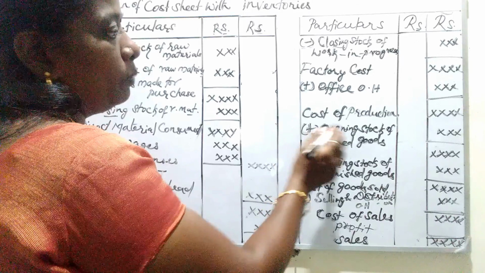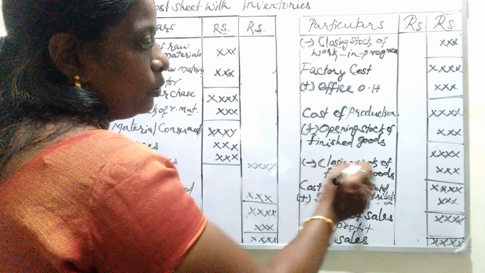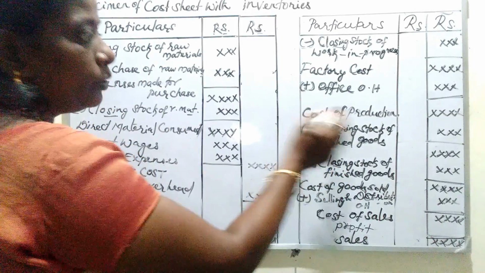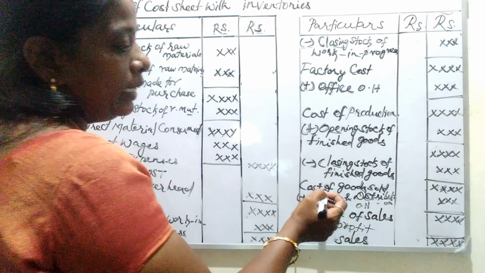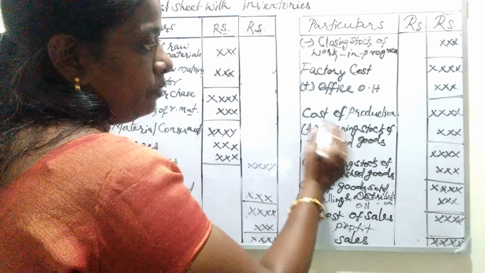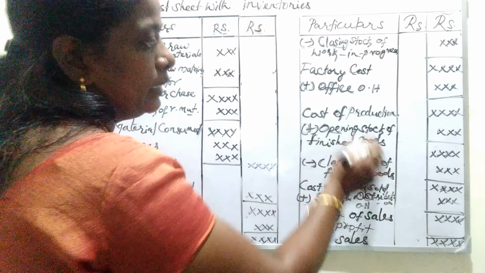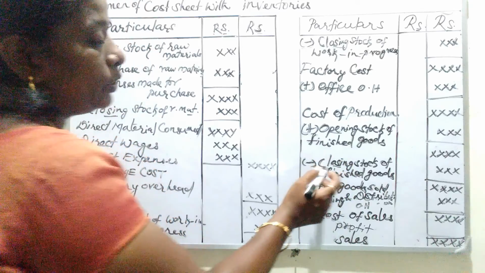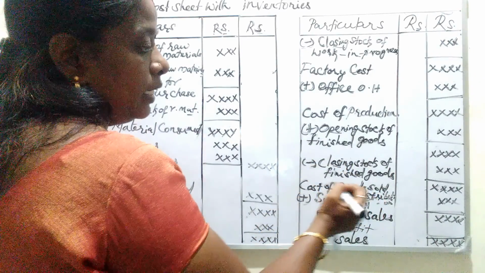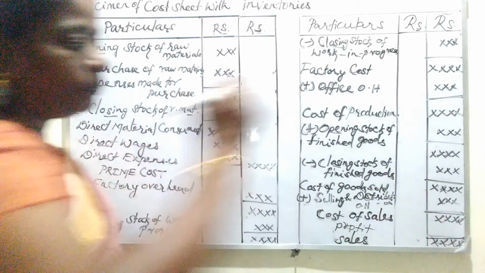The opening stock has to be added and the closing stock of finished goods has to be deducted from the cost of production. Finally, after adjusting the opening and closing stock of finished goods, we found the cost of goods sold.